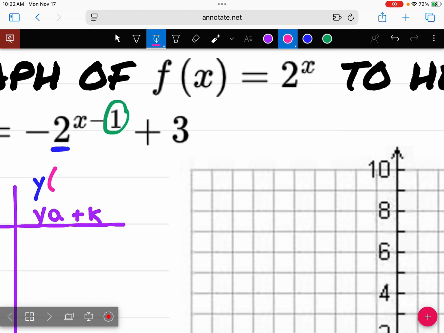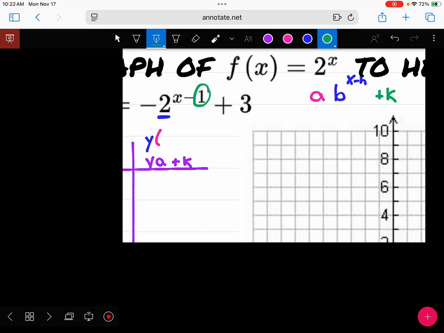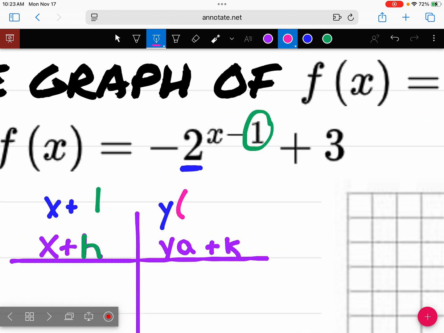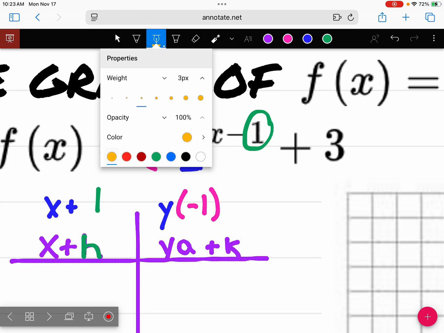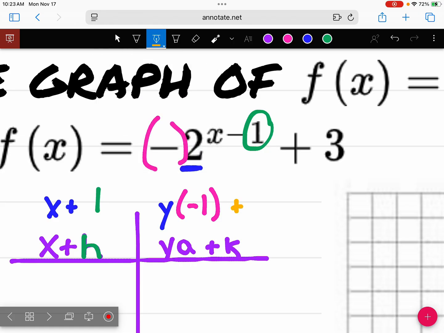It's not 2. 2 is my base. Negative 1. In other words, a b to the x minus h plus k. So a is the times in front. So our a is actually this minus out here, minus 1. What's our k? 3.